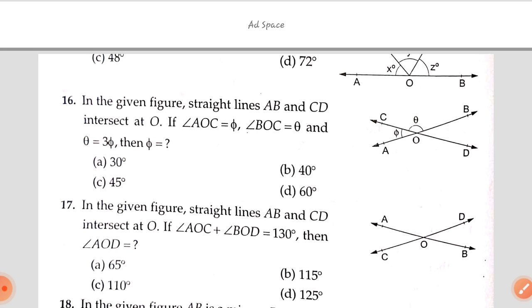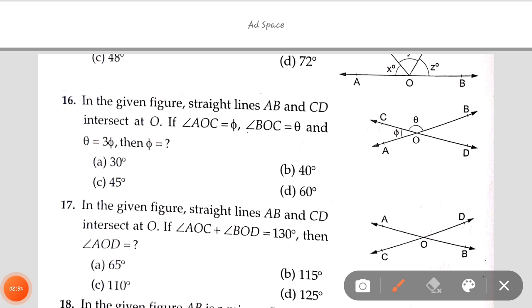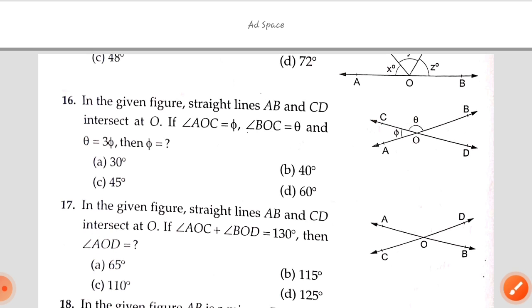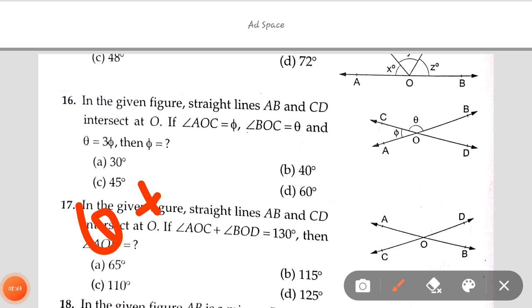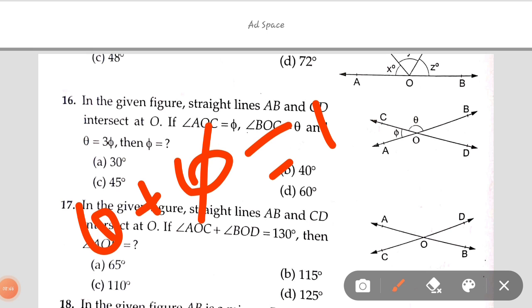Angle AOC is equal to phi and angle BOC is equal to theta. Then theta is equal to 3 phi. Then the value of phi? Easy question. This forms a linear pair, that is, theta plus phi is a linear pair, that is 180 degrees. The question also mentions that theta is equal to 3 phi.